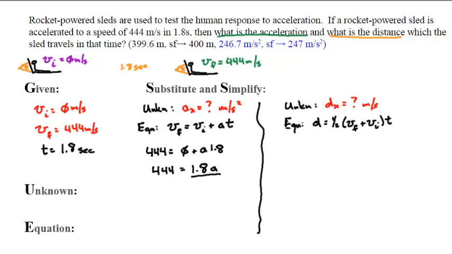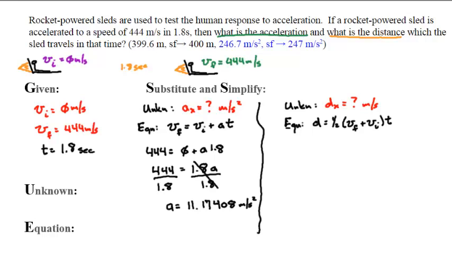In order to get acceleration all by itself, I'm going to divide by 1.8. That allows me to cancel. Whatever I do to the right, I have to do to the left, and I get acceleration equals 11.17408 meters per second squared.